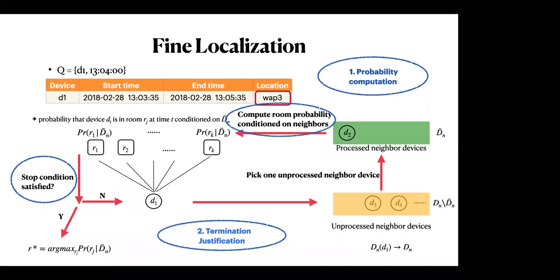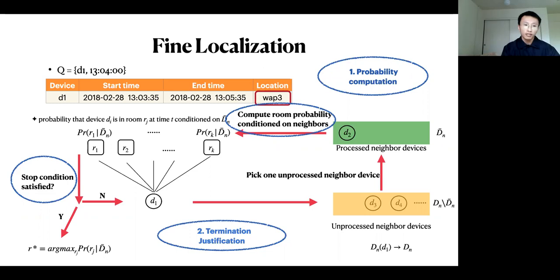Is it possible that if I go in a particular order, I may get a different answer than if I go in a different order? I will focus on these parts in the next slides because it's one of the optimization strategies. It will focus on the order of the neighbor devices we pick, and I will show the effects.